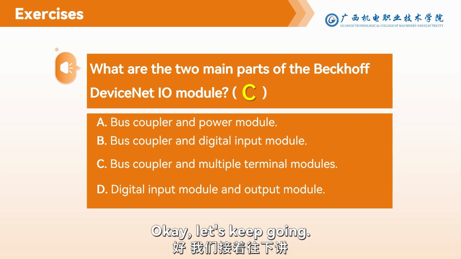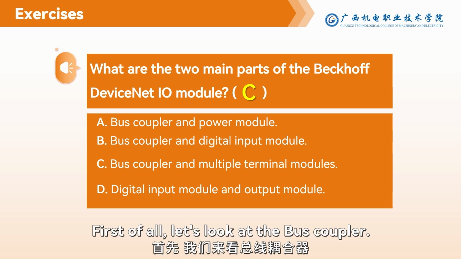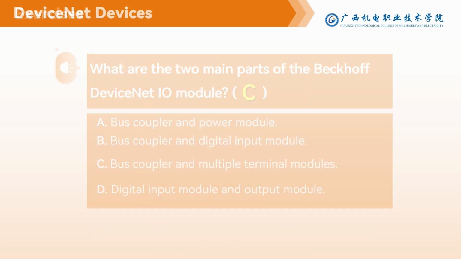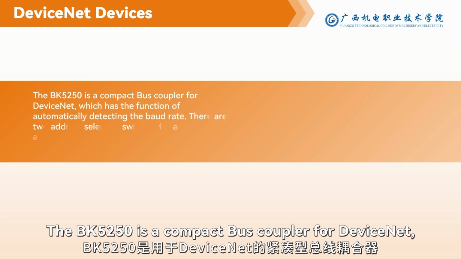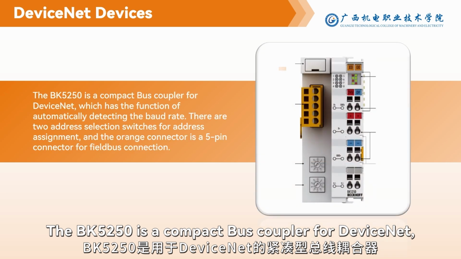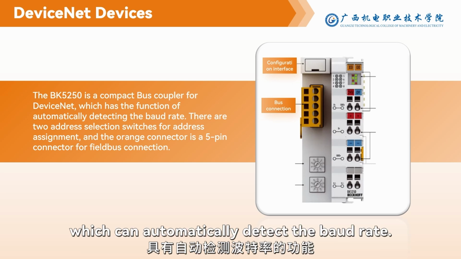Did everyone choose the right answer? Okay, let's keep going. First of all, let's look at the bus coupler. The BK5250 is a compact bus coupler for DeviceNet, which can automatically detect the baud rate.